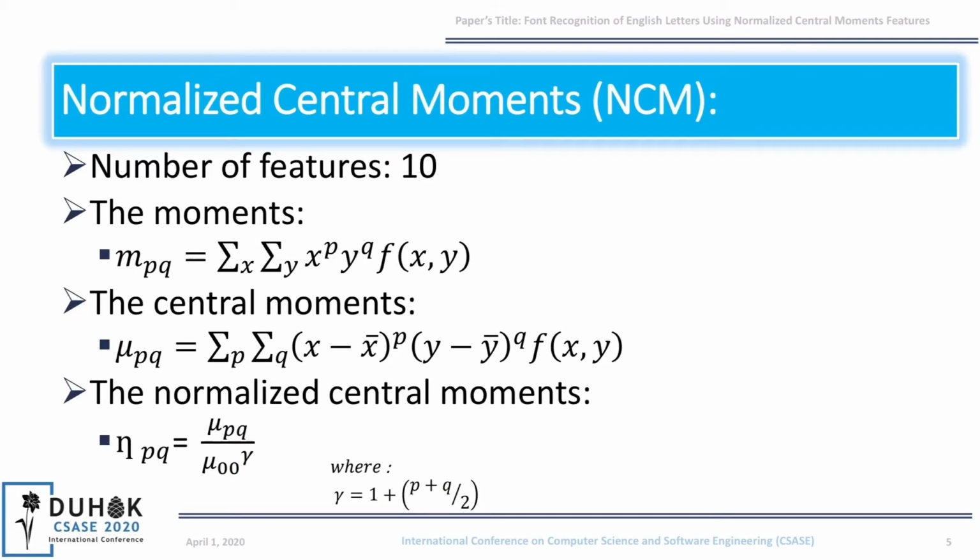Then we calculate central moments by the following equation. Here x bar and y bar are the center of gravity. After that, normalized central moment features are calculated by the following equation, where gamma is equal to (p plus q) divided by 2, all plus 1, and the output will be 10 features.